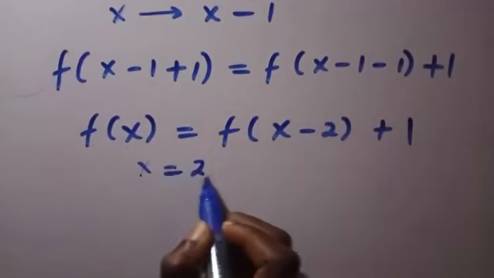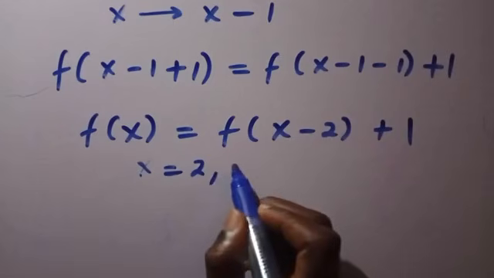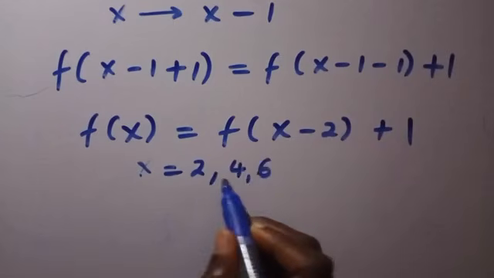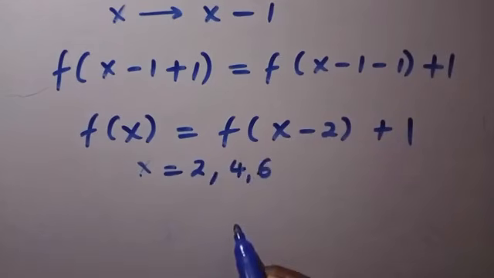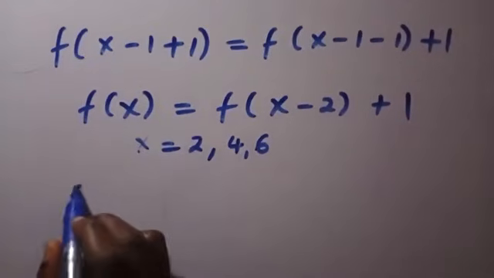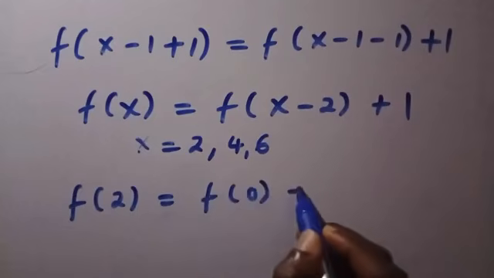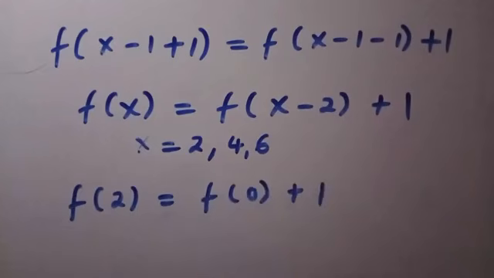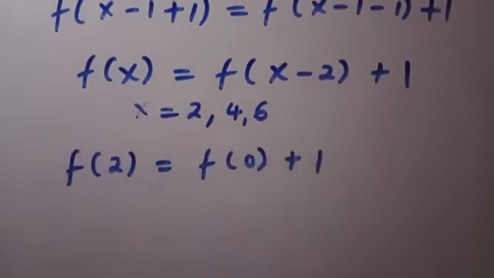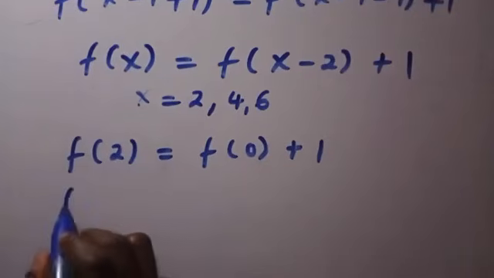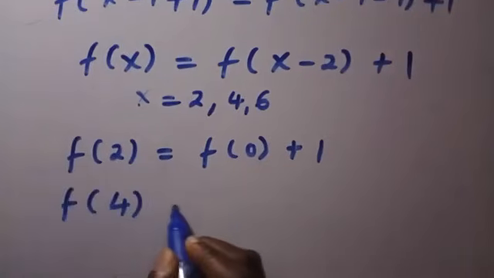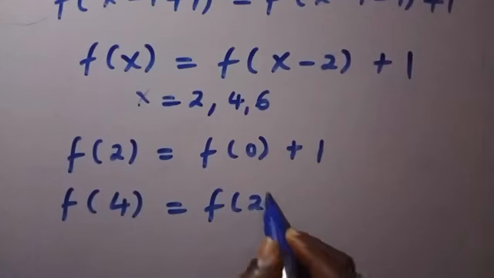If x equals 2, I'm going to test values like 2, 4, and 6 and see how they increase by 1. For the first one, we have f(2) = f(0) + 1. Also, if I change this to 4, we have f(4) = f(2) + 1.